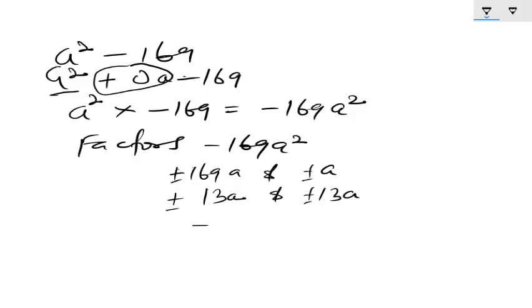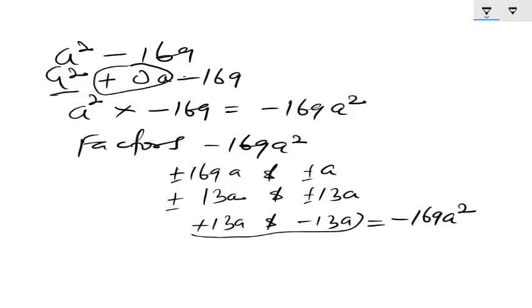So if you make it plus 13a and minus 13a, plus 13a times minus 13a gives us minus 169 a squared. Plus 13a minus 13a will give us 0. So this is the factor we are looking for: factors which when added will give us the middle term, our 0a.